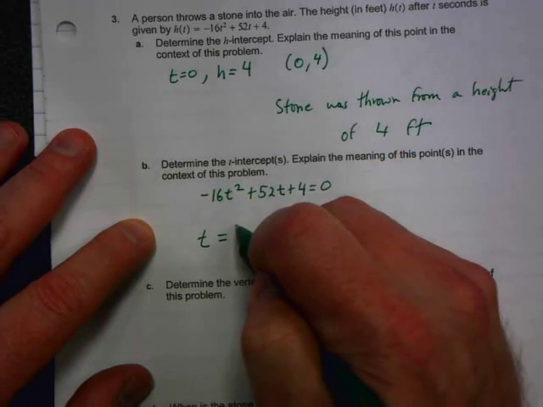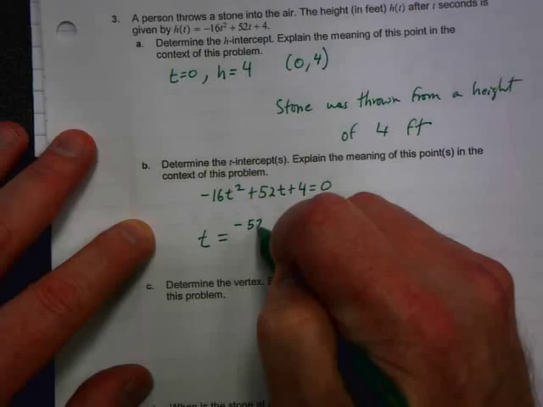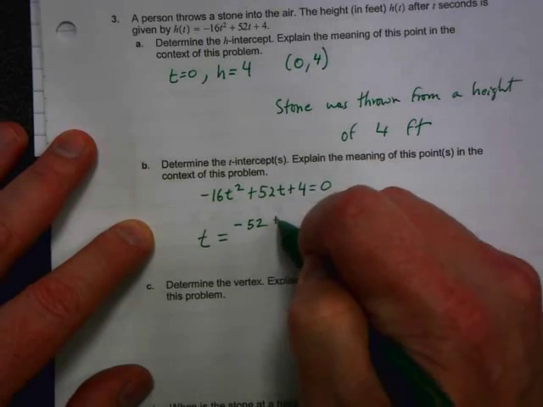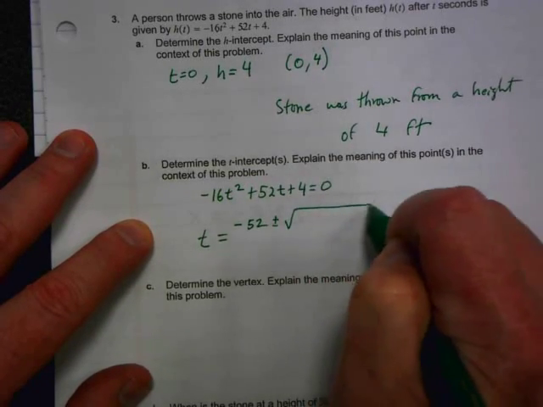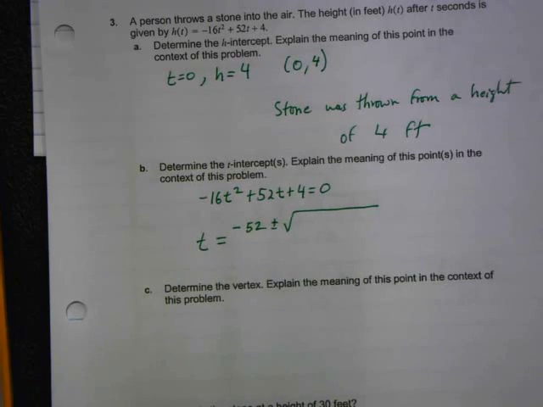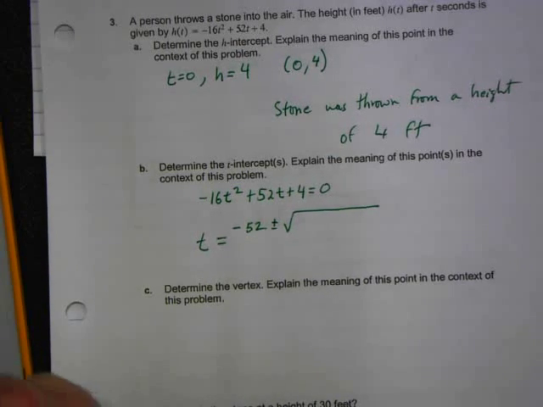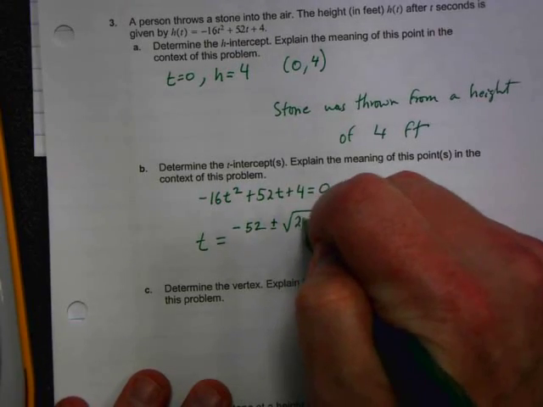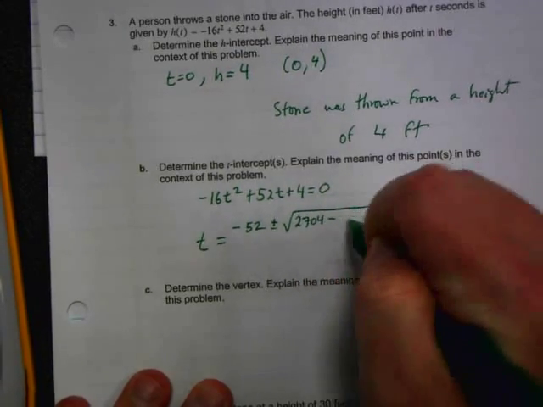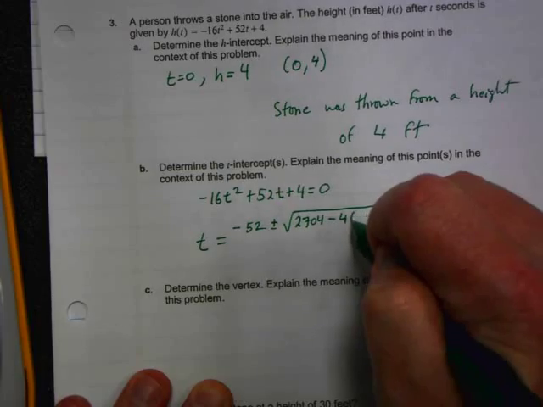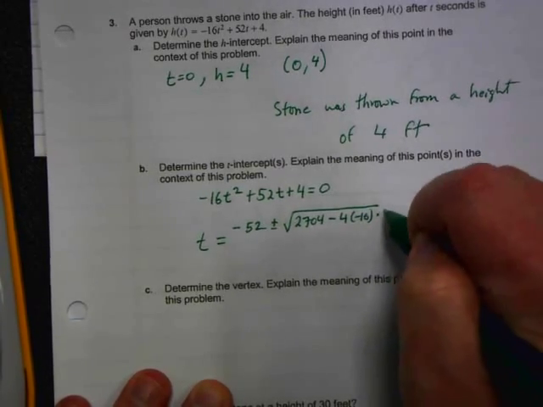T equals negative b, that's going to be negative 52, plus or minus the square root of 52 squared. I'm going to use my calculator. 52 squared, calculator says that's 2704. Minus 4 times a, which is negative 16, times c, which is 4.